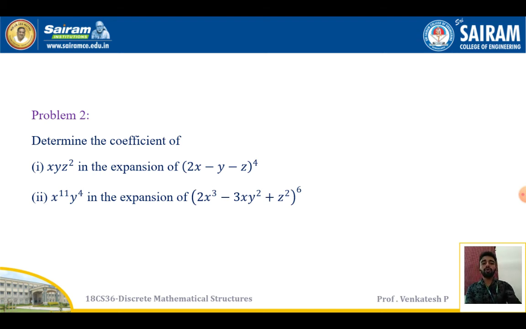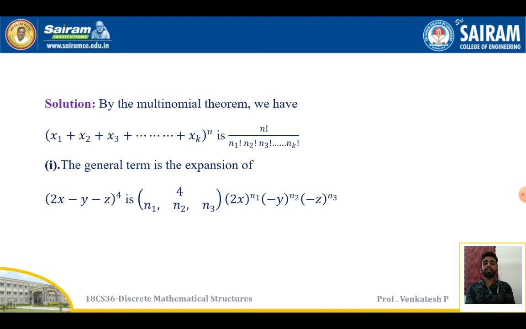Okay, so first take the formula for the multinomial theorem. From the multinomial theorem, I have (x1 plus x2 plus x3 up to xk) whole power n is equal to n factorial by n1 factorial, n2 factorial, n3 factorial, up to nk factorial, and so on. Now I need to expand the equation (2x minus y minus z) whole power 4.